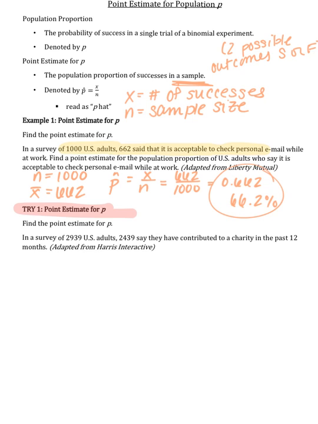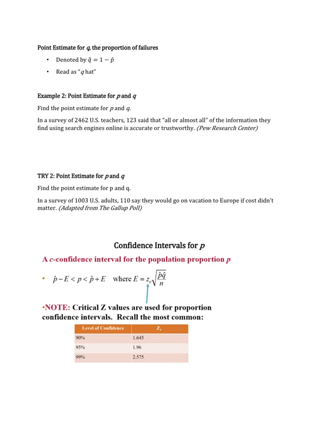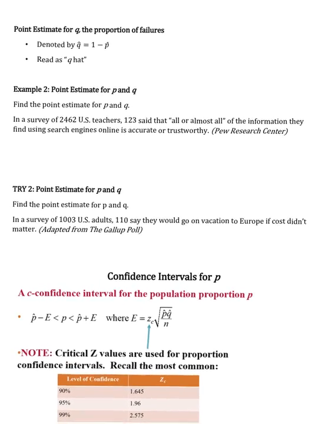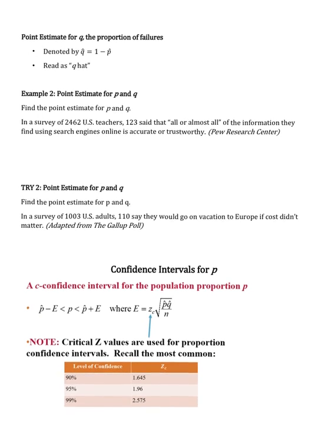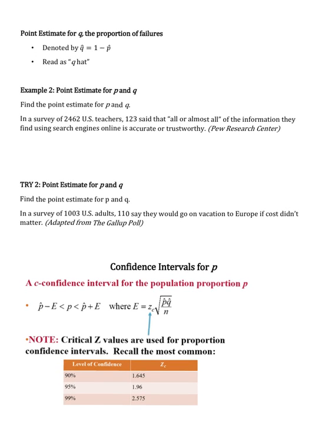Try number 1. Okay. So the point estimate for the population proportion of failures is denoted as Q hat, and it's just 1 minus P hat.